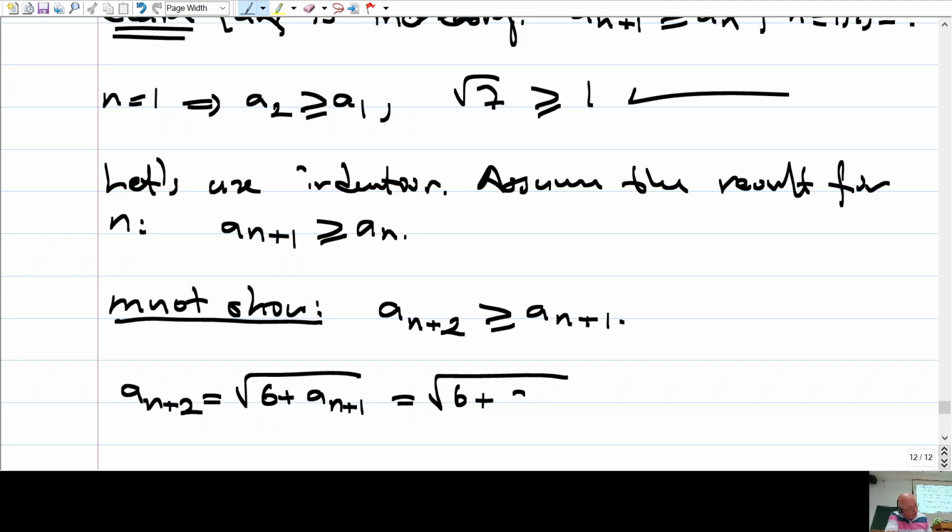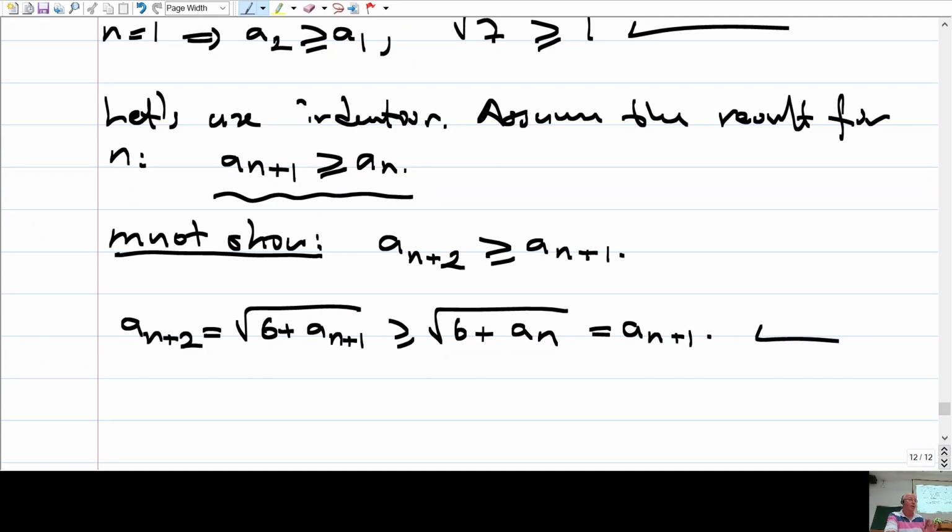So I have here the square root of 6 plus an, because a(n+1) is larger than an, that's my assumption. But what is this? This is just a(n+1), the definition of a(n+1). So a(n+2) is larger than a(n+1). So we are done. Hence an is increasing.